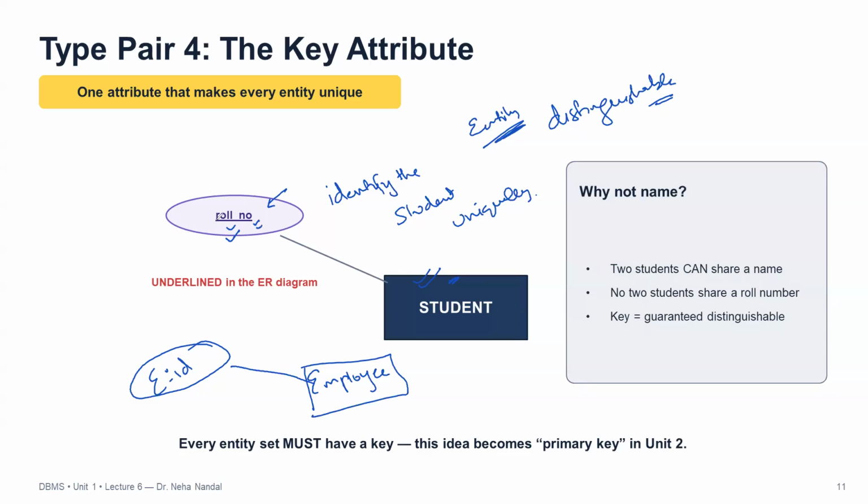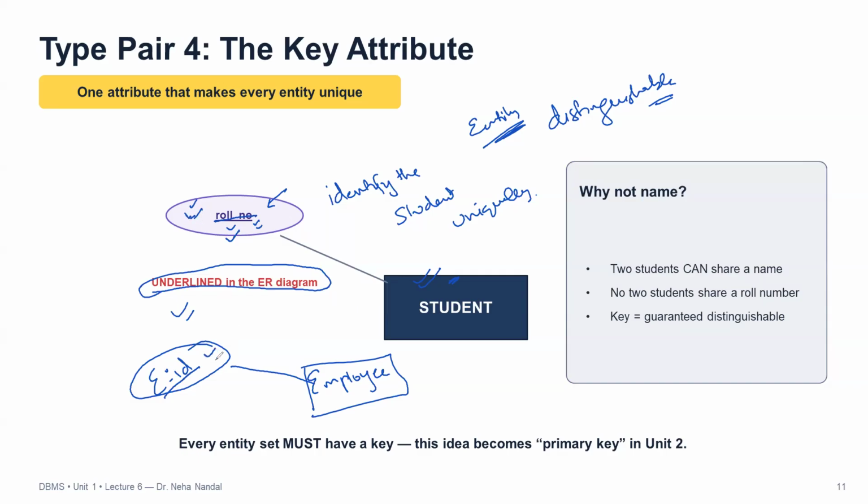Correct. So we will underline that attribute. So that is the representation of a key attribute, underlined in the ER diagram. So I hope you remember these representations because they will be utilized to create the whole blueprint of the database. Why is it unique? Because no two students can have same roll number. They will always be unique.